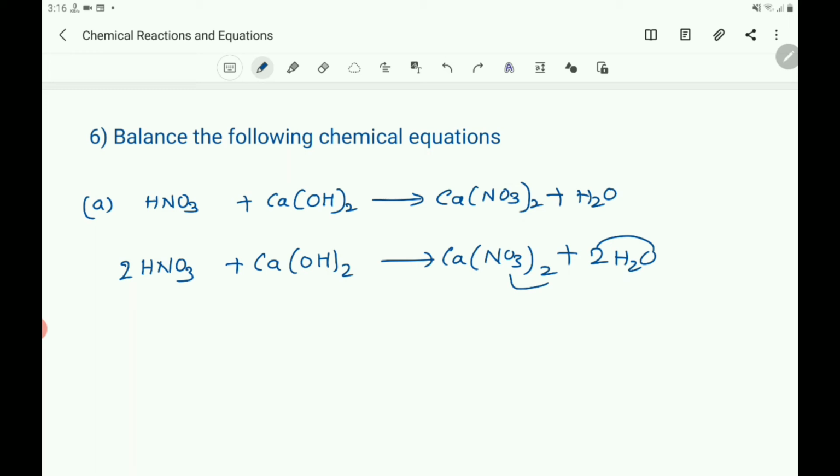Now count the other atoms here. 2H, H2, you got 4 hydrogen atoms on the reactant side. Here also 4 hydrogen atoms on the product side. Hydrogen also got balanced. Calcium, 1 atom is there. That is balanced. Now here you see the nitrogen atoms. Nitrogen 2 atoms, here also nitrogen 2 atoms. So it is balanced.